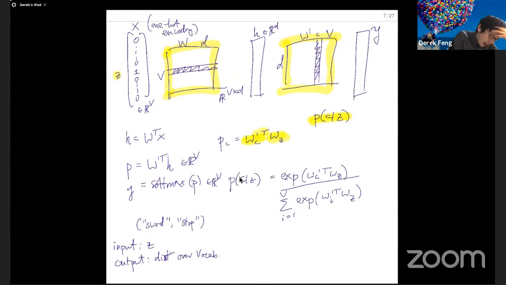So I want to update the weights to reflect the fact that I should be increasing the score for sword. This is how you train: you look at your data, and then you update your model given the information that you saw.